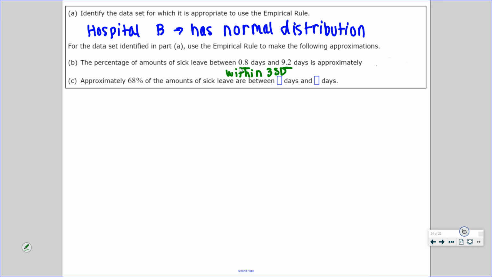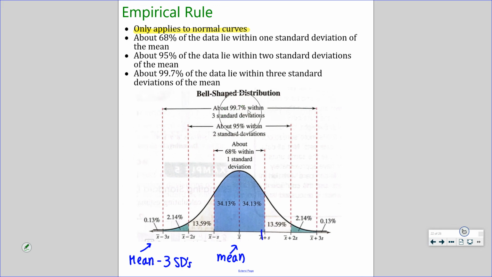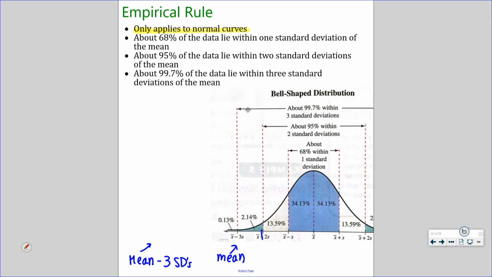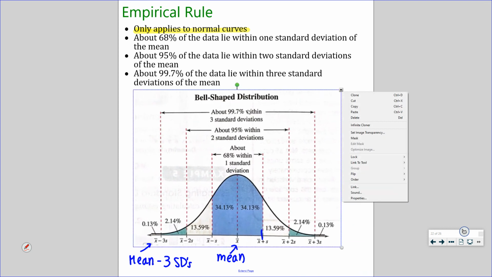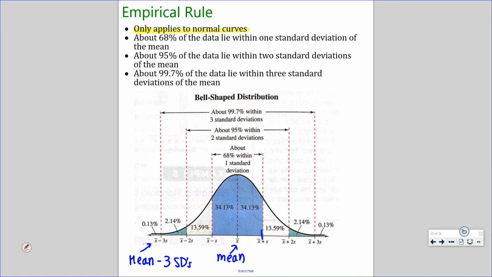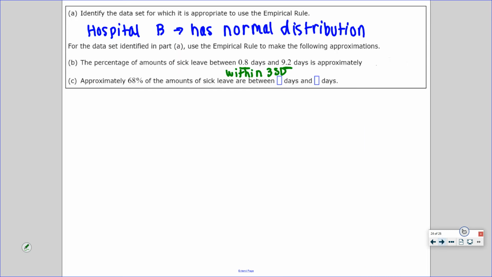According to our empirical rule, what percent of our data is going to lie within 3 standard deviations? 99.7%. And again, this applies to all normal distributions. It doesn't matter what the numbers are. According to this rule, it's going to be approximately 99.7%.